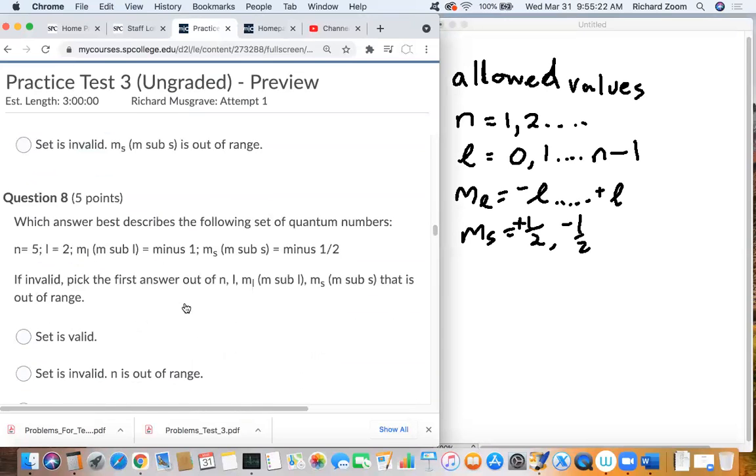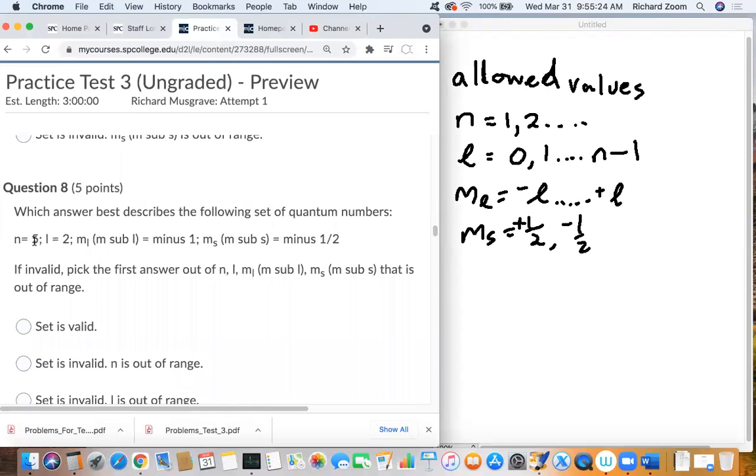Okay. Number 8, N equals 5. Yeah, that's allowed because it can be 1, 2, up to anything. L equals 2. Yeah, that's possible because L can be anything up to 4, which is N minus 1, because 5 minus 1 is 4. So 0, 1, 2, 3, and 4 are all legal values, so the L value is okay.